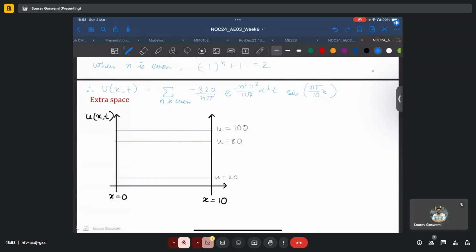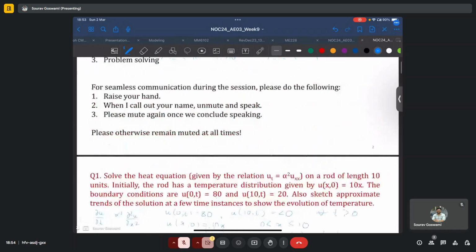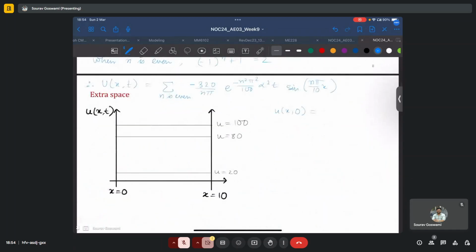In the question, we were told that the initial condition u at x comma 0 is equal to 10x. This is just a straight line with a zero intercept.